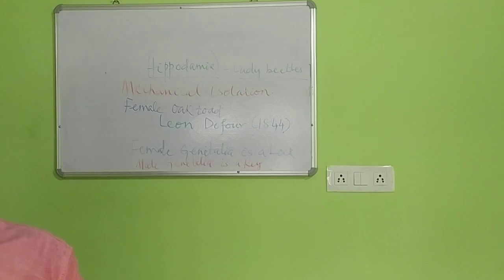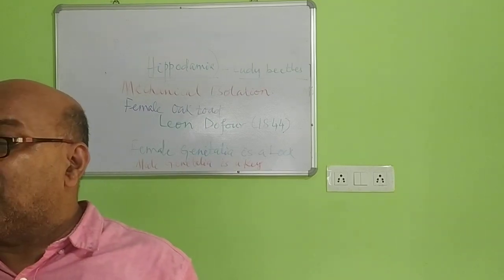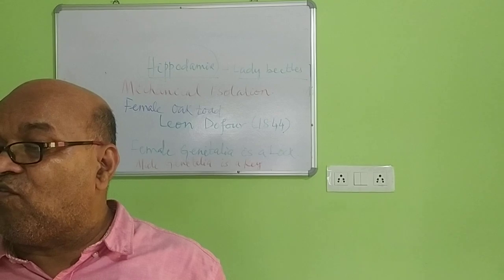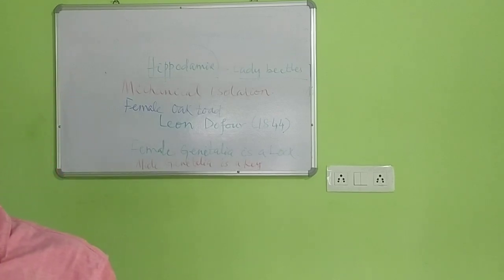What is it? Oak toad. And you also find another species, the small adult male of the Gulf Coast, and that type of toad is known as the Gulf Coast toad.